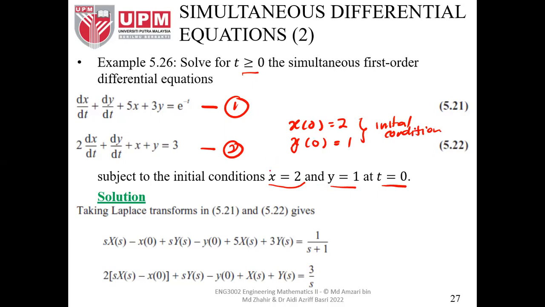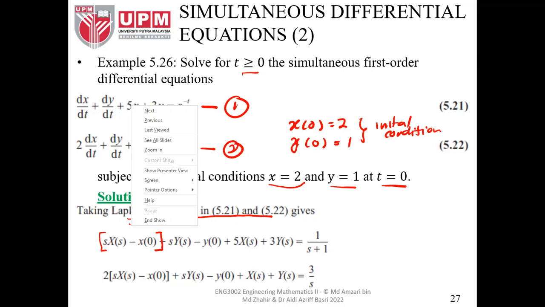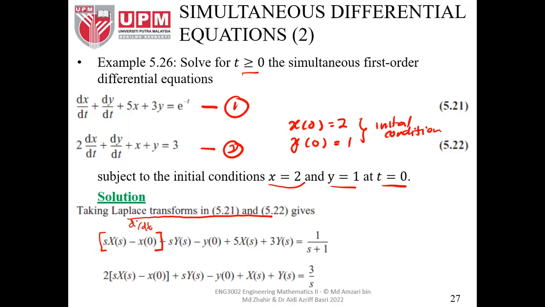In order to solve this, you need to transform each of these equations into a Laplace transform. First, we know dx/dt is a differentiation, so we use the formula for the first derivative, not the second derivative. So it is sX(s) minus x naught, plus the same for sY(s), this one is under dy/dt.